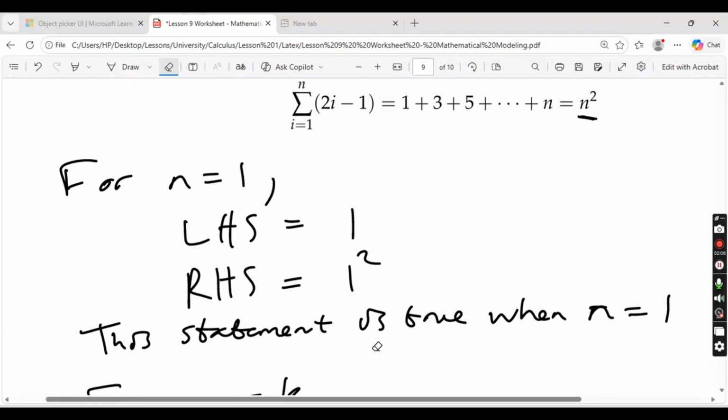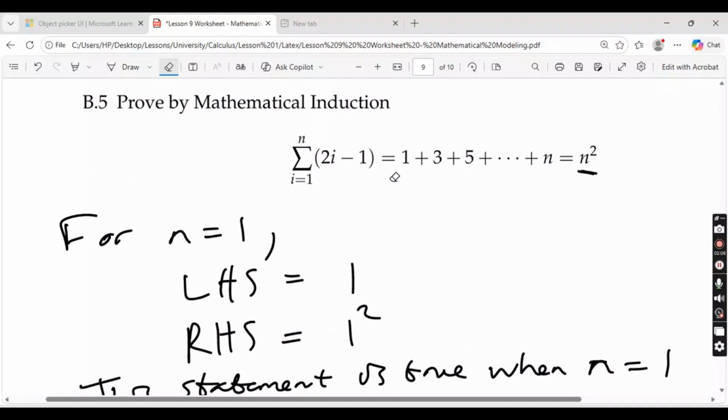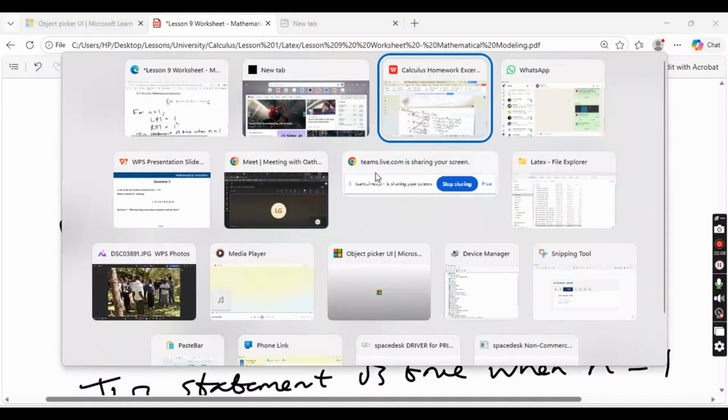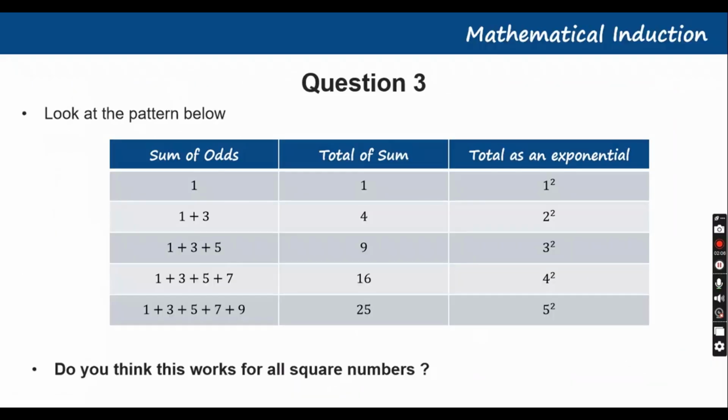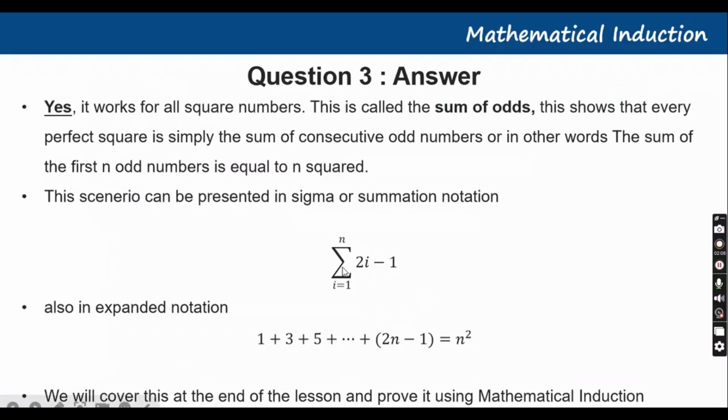Also, the thing that you should note is that if you look at this equation, it's actually this summation. So it's actually this summation.